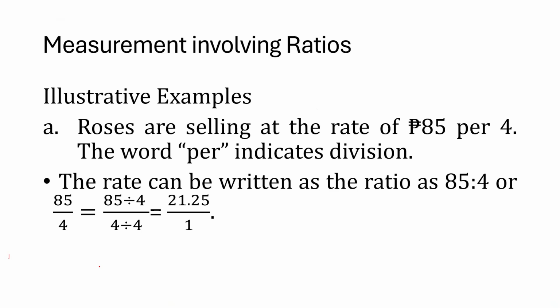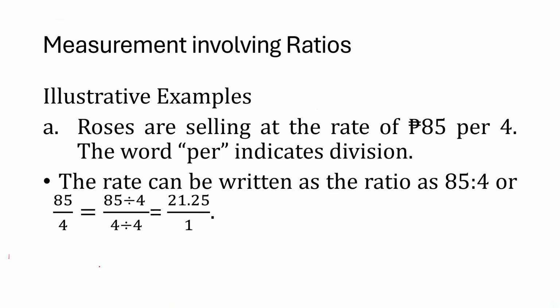So that is ratio. While rates are allowed to use decimal points, because we're often measuring continuous quantities like time, distance, or mass, which are not always in whole numbers.